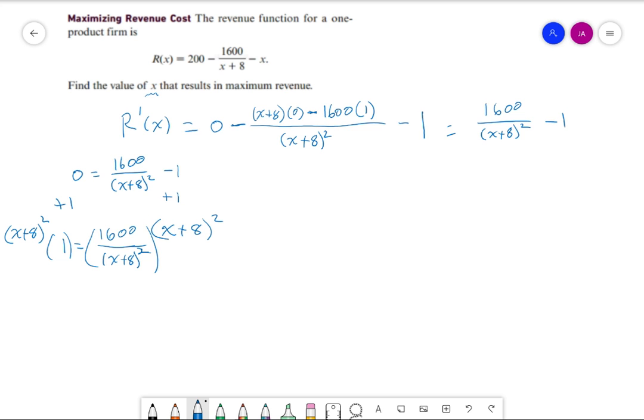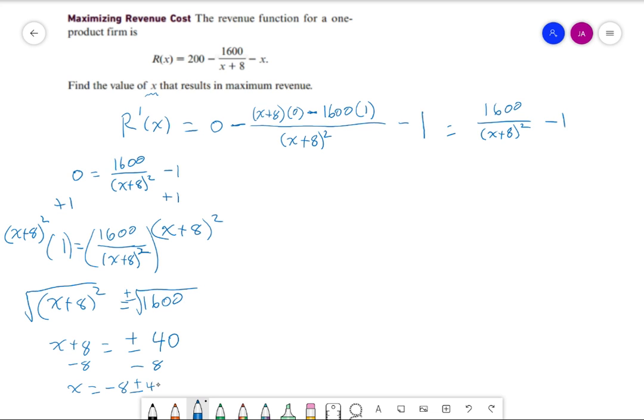And then you're going to get that x plus 8 quantity squared is equal to 1,600. Then, since I'm already in this format, I'm going to go ahead and take the square root of both sides. Technically there's a plus minus, so I have x plus 8 is equal to plus or minus 40. Subtract 8, I get that x is equal to negative 8 plus or minus 40.